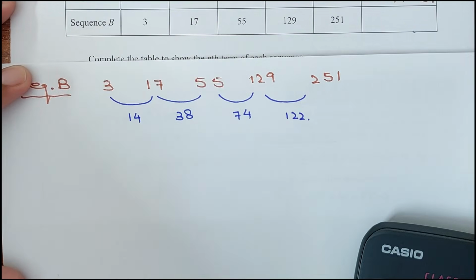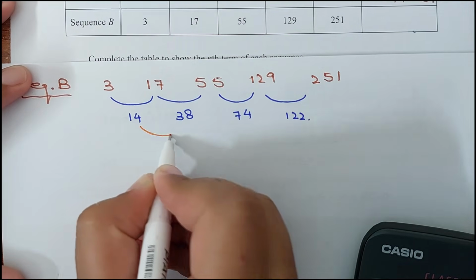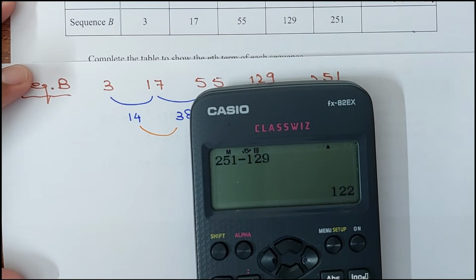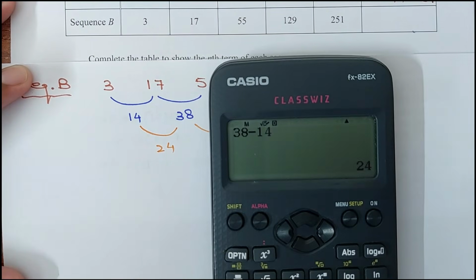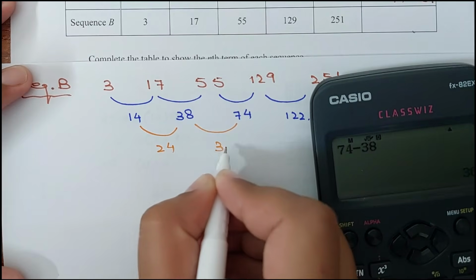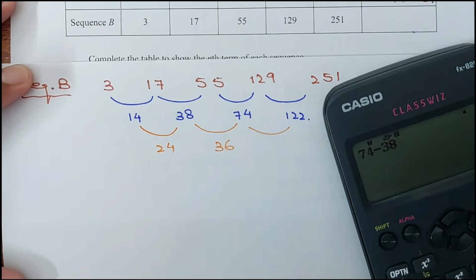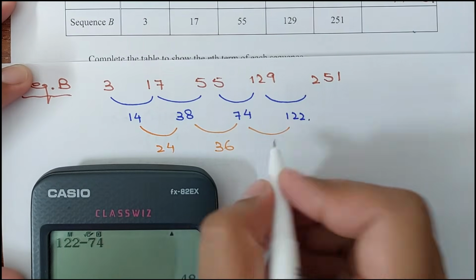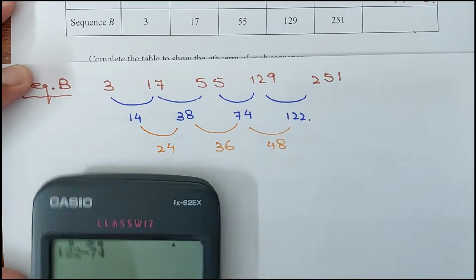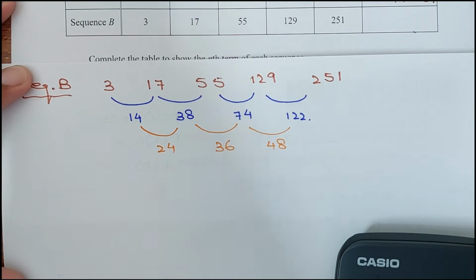Let's see the second difference. The first difference is not constant. The second difference is 38 minus 14, 24. Between 74 and 38 is 36. Again, the second difference is not constant. And 122 and 74, 48. Move on to the third difference.